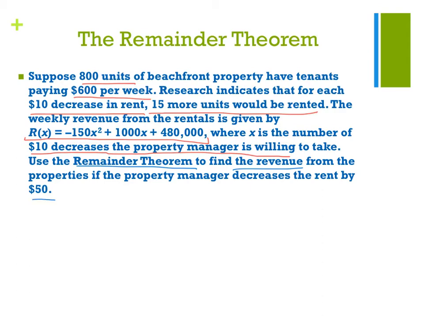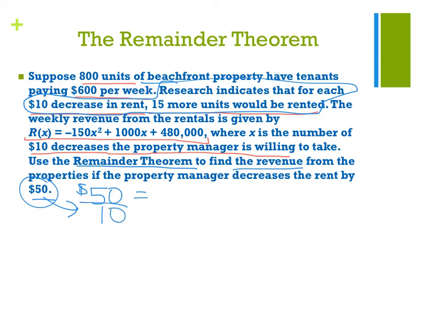If we go back up to where it says research indicates that for each $10 decrease in rent, 15 more units would be rented, then if we decrease the rent by $50, we have to figure out how many $10 decreases that equals. If you divide $50 by $10, that equals 5 $10 decreases, because 10 goes into 50 five times.